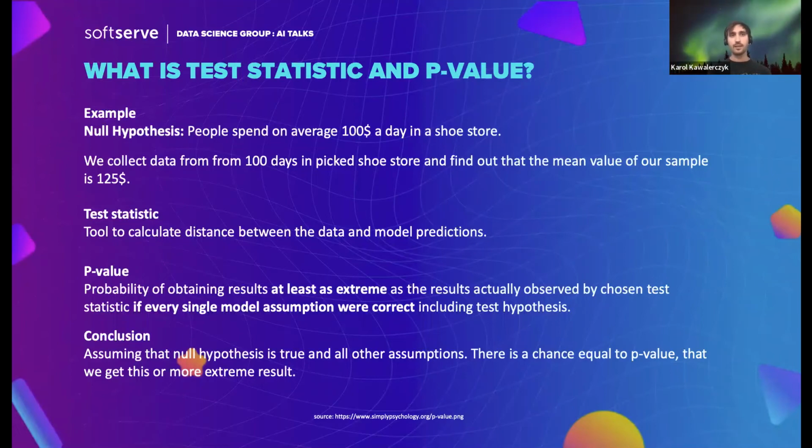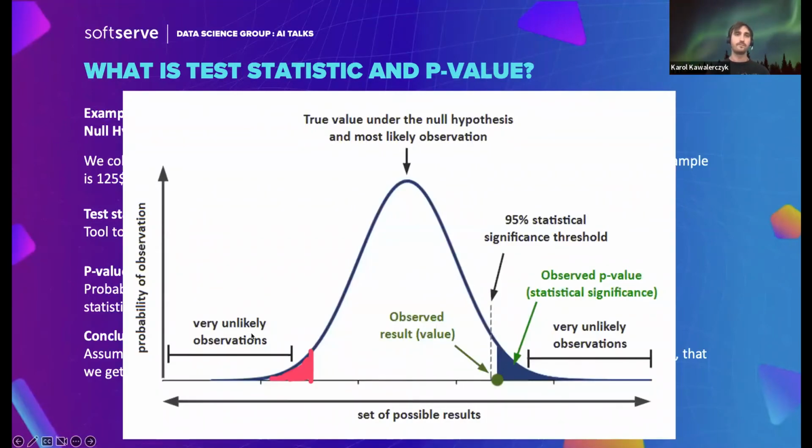It might not yet be clear to you how it looks, but let's go to a little picture. So what can we see here? We have a plot where on the y-axis we have the probability of getting an observation, and on the x-axis we have a set of possible results. The hypothesis that we have is the blue curve over here.